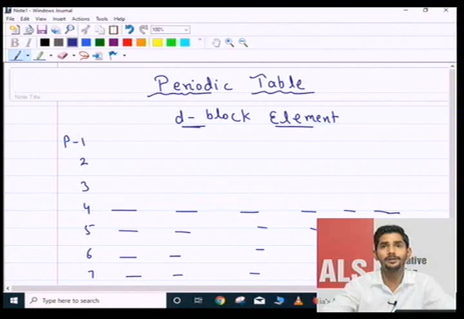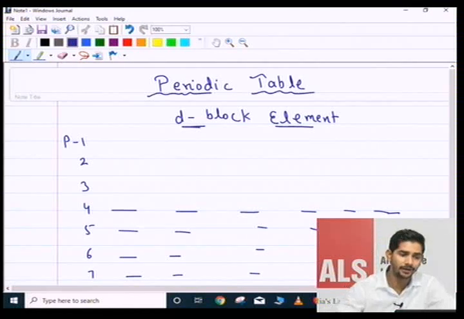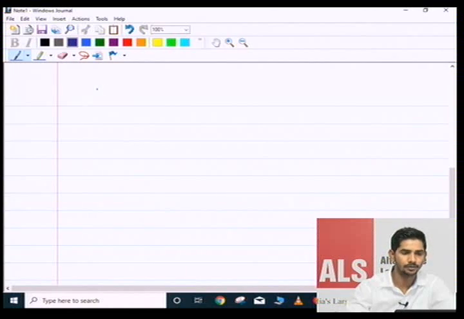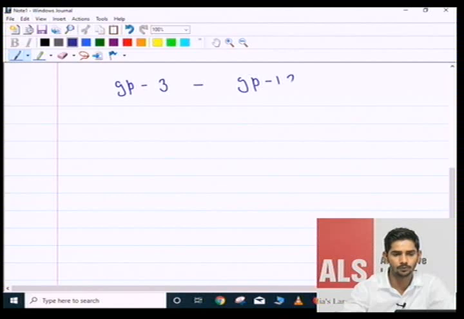The important point is that D block starts with the period number 4, and if I talk about the columns which are groups, it starts with group number 3 up to group number 12.